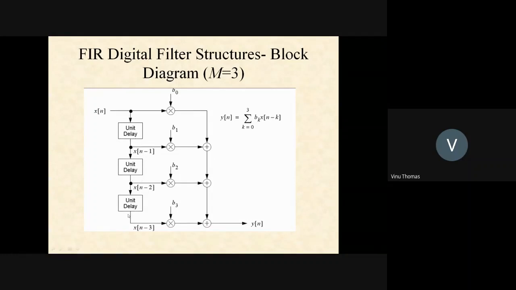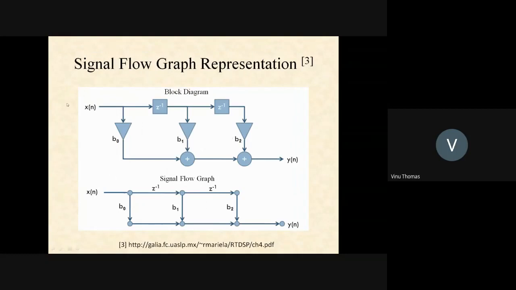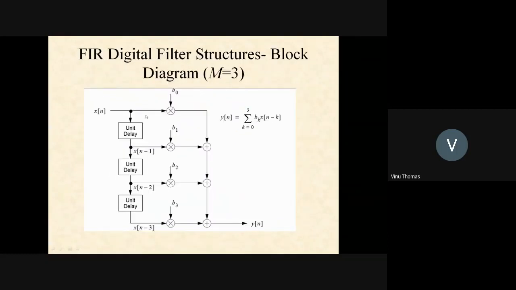And you take taps from the delay chain, so you call this a tapped delay line structure. So this is a block diagram representation of the FIR digital filter, as we had seen.